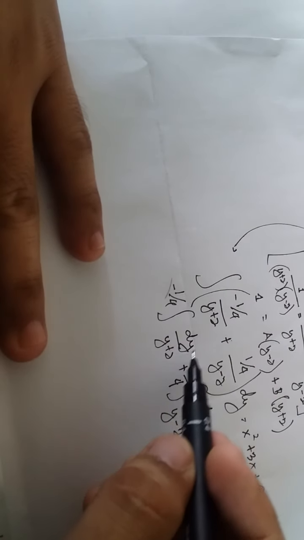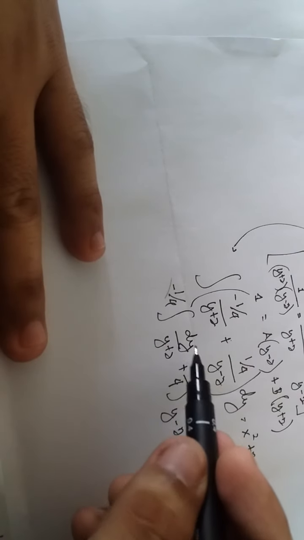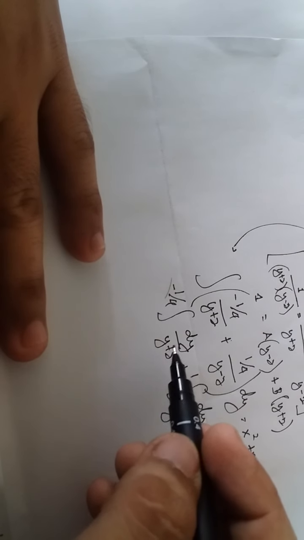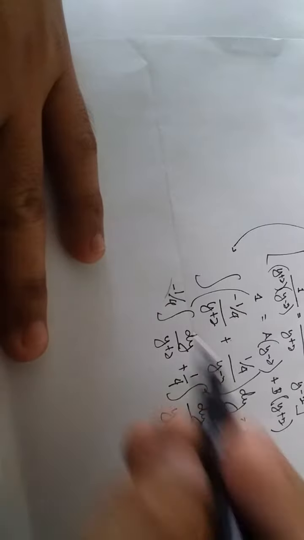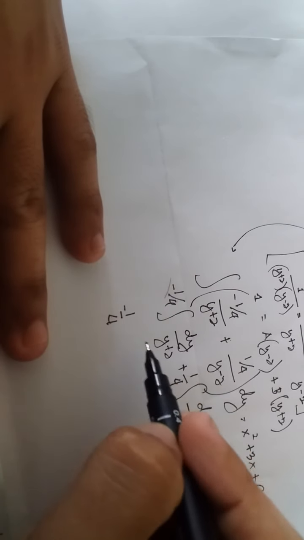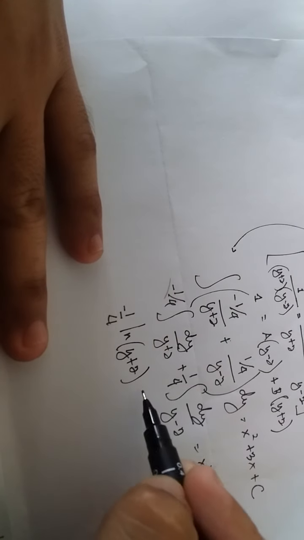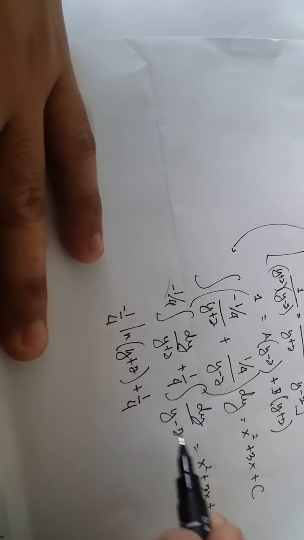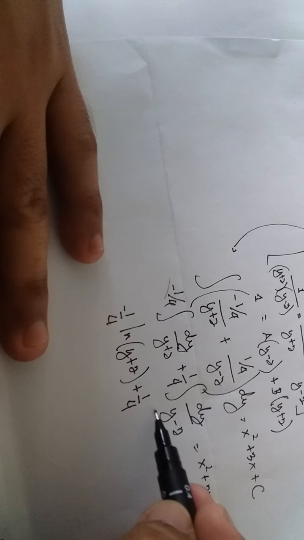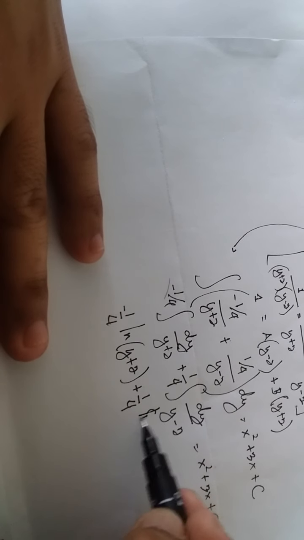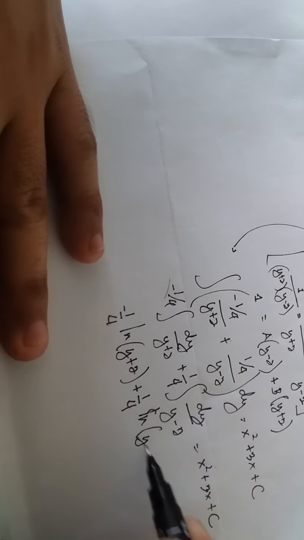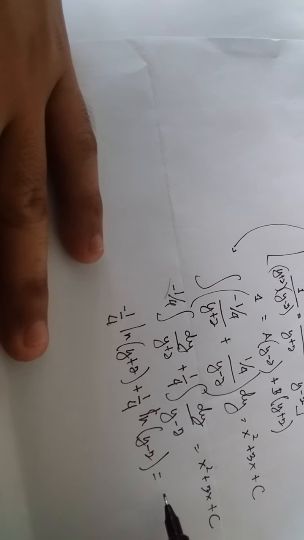We let u equal y plus 2 for the first term, so it becomes du over u. So what will happen is negative 1/4 ln of the absolute value of y plus 2, plus 1/4, the same thing in the first term, ln of the absolute value of y minus 2, is equal to x squared plus 3x plus c.